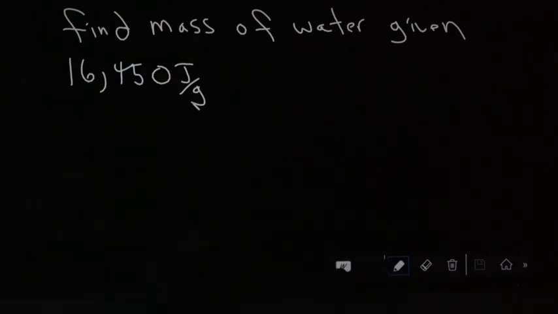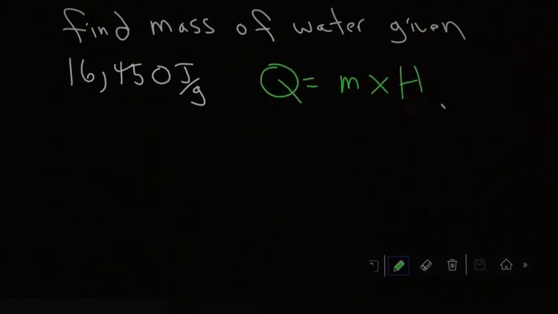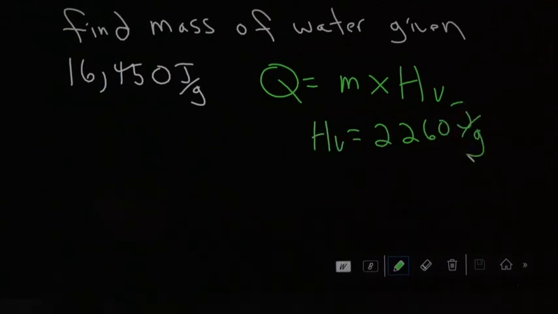Remember the formula is Q equals M times HV. That's the formula, and since we know this is water, we know that HV equals 2,260 joules per gram. That's how much heat it takes to knock out 1 molecule of water to turn it to vapor.